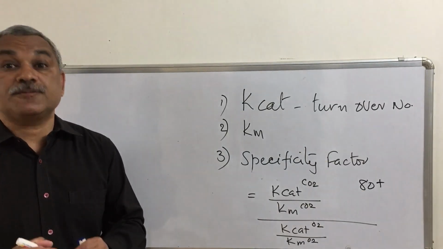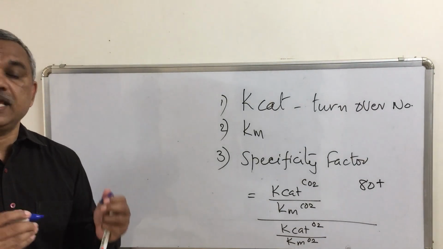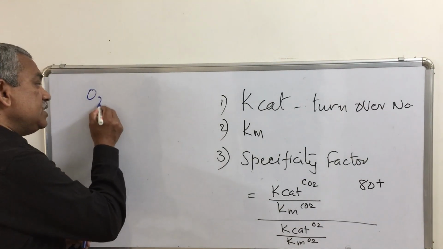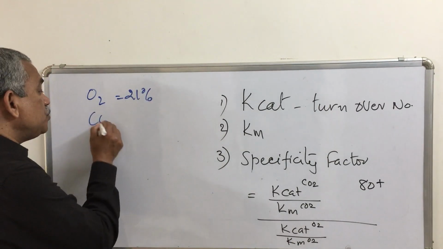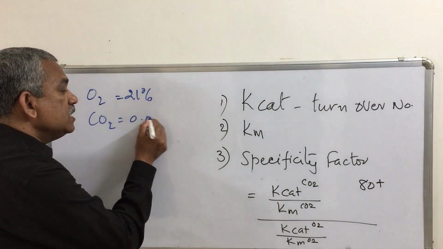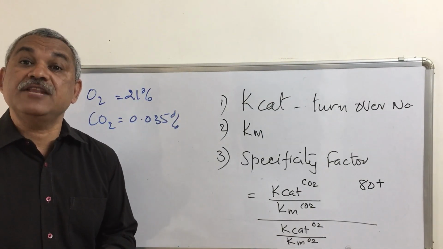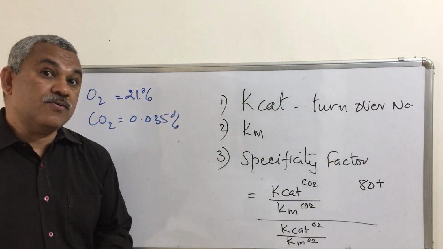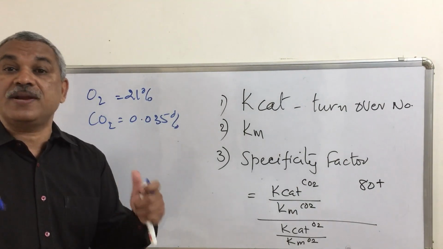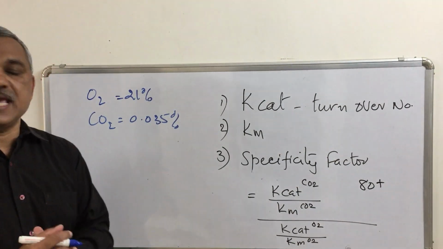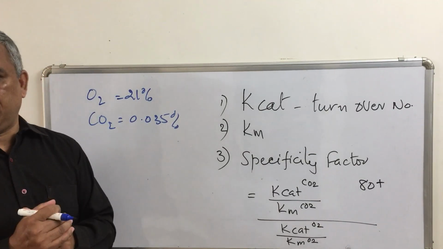When we discuss the specificity factor, we should also remember that the concentration of oxygen in the atmosphere is about 21% and CO2 is only about 0.035%. So plenty of oxygen is in fact available. When it comes to a plant, let us look at the cytoplasm as well as the stromal conditions. Solubility also plays a key role.